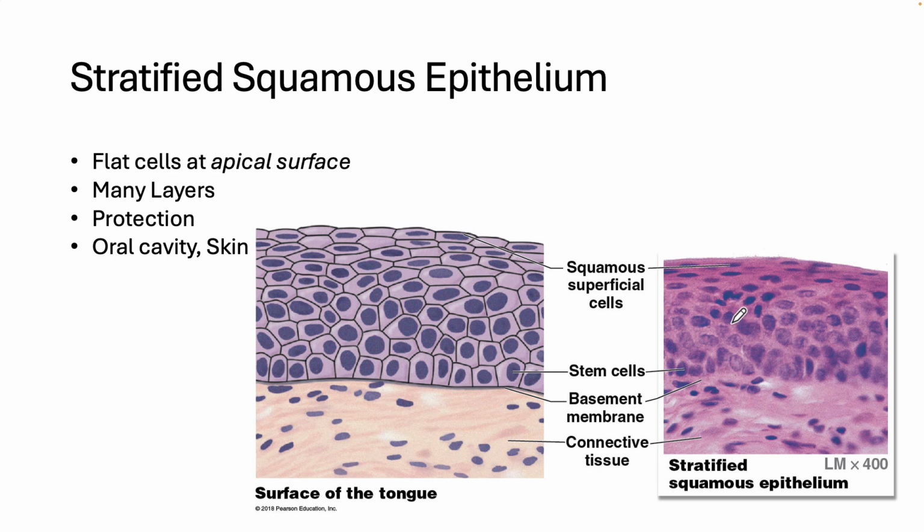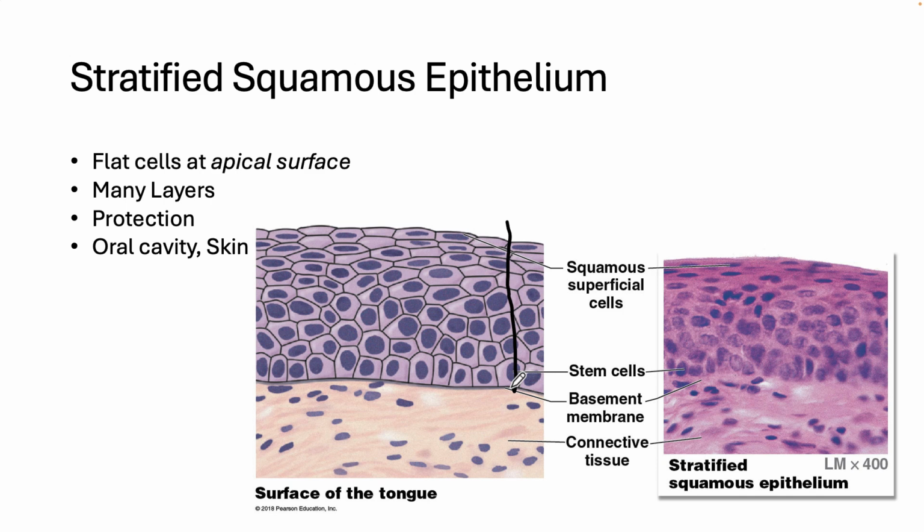If we take away our simple layer and go to multiple layers, we have a stratified squamous epithelium. This type of tissue has all of these different cells here. Would you want this in your lungs and have to get oxygen through every single one of these layers? That would be pretty far and a lot of different plasma membranes to go through.